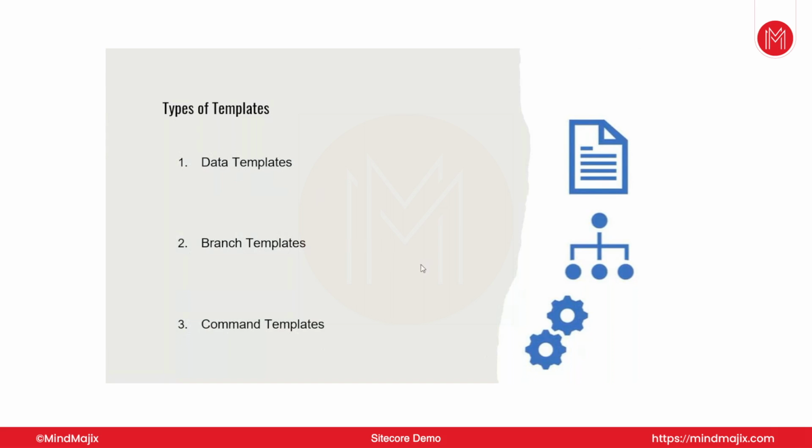Another type is the branch template. This was a data template, where one template was there and maybe we have inherited some template. Branch template means one template is having a number of templates also. Suppose, for example, we have one e-commerce site.